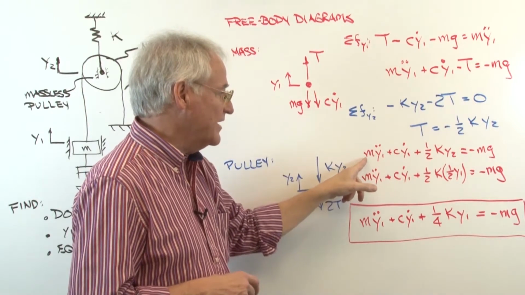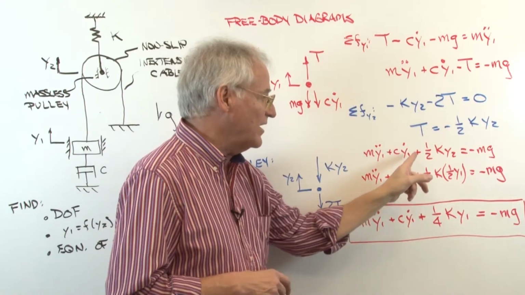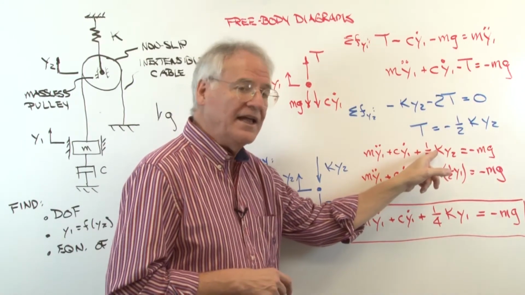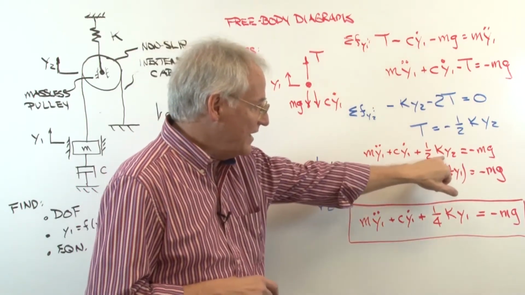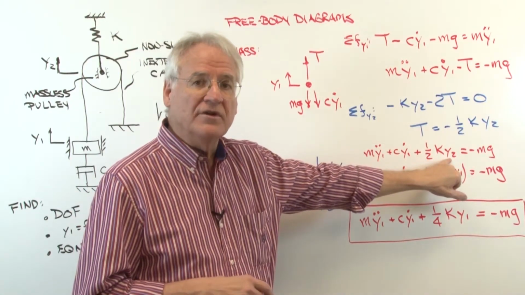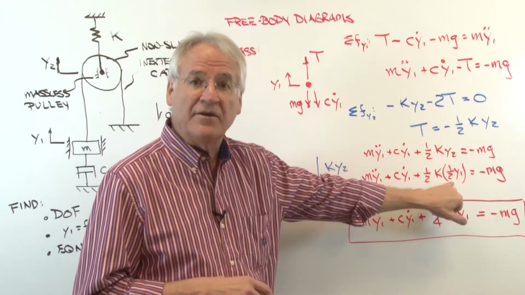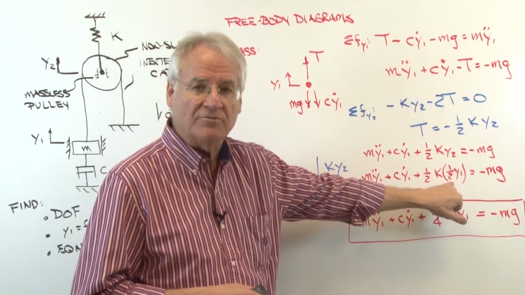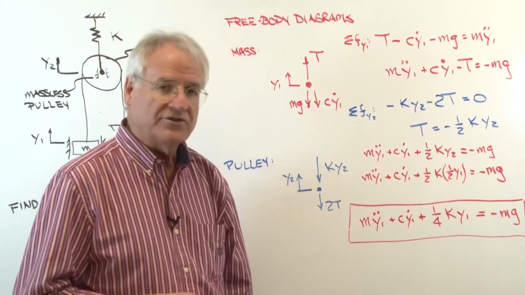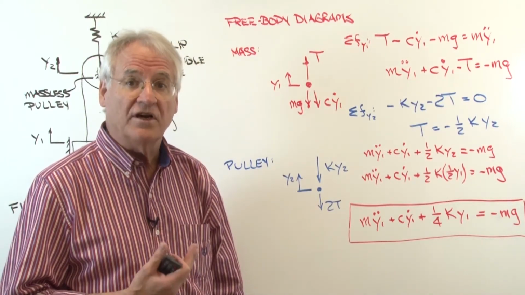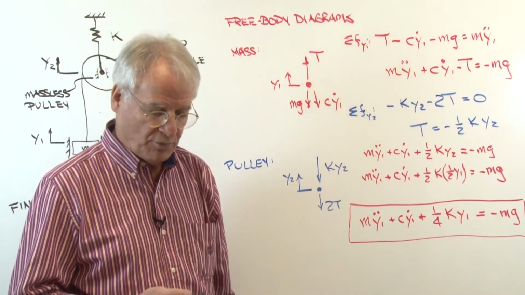We get this expression, m Y1 double dot plus C Y1 dot plus 1/2 K Y2, that's the tension, and on the other side is equal to minus mg. In the next line, we substitute for Y2 its kinematic constraint, expressing it in terms of Y1, and we are left with the final differential equation, the equation of motion, the single equation of motion for the mass pulley system.